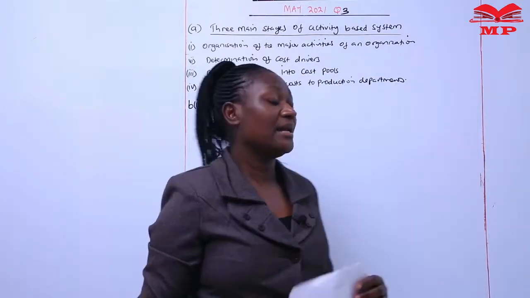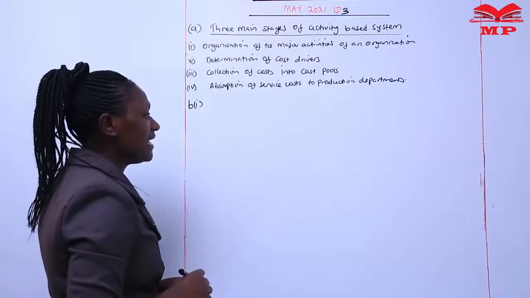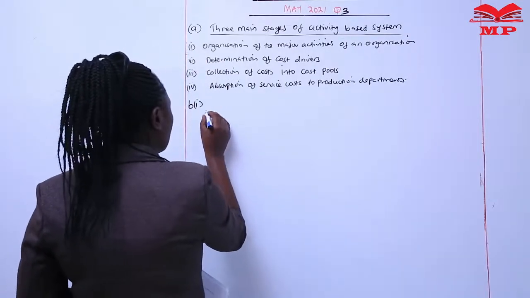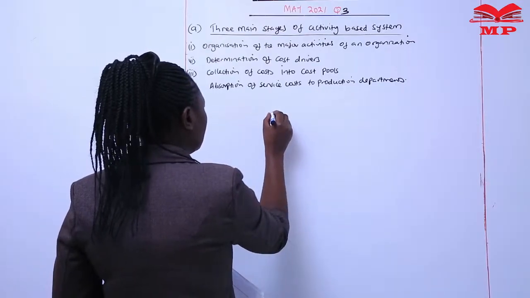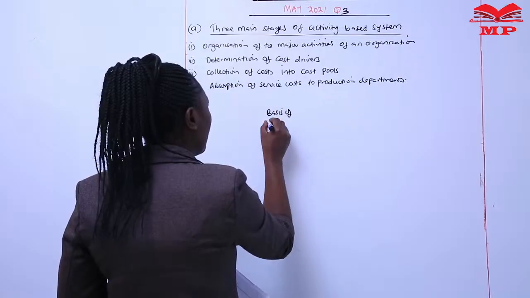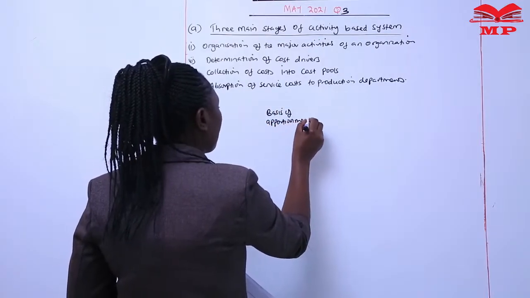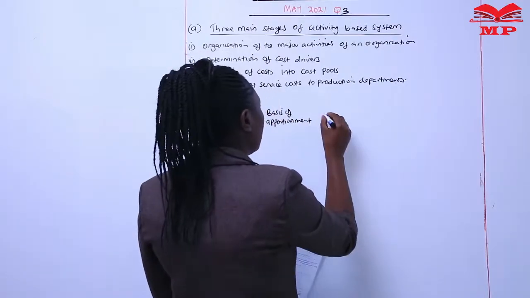And to do that, we'll use a table that will help us to do the apportionment. So we'll have space, then we have basis of apportionment. We'll have the department, machining.